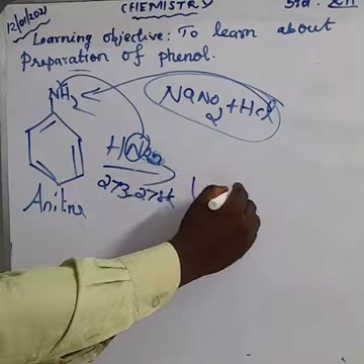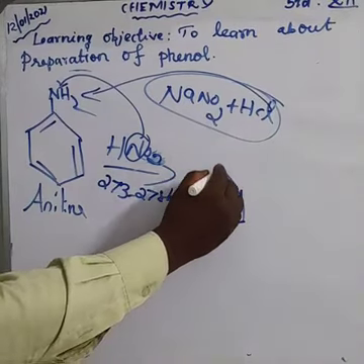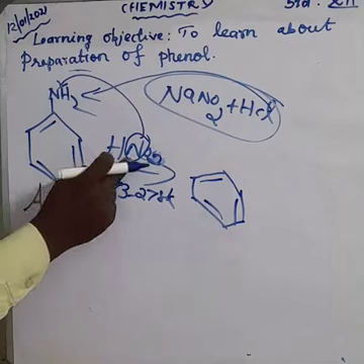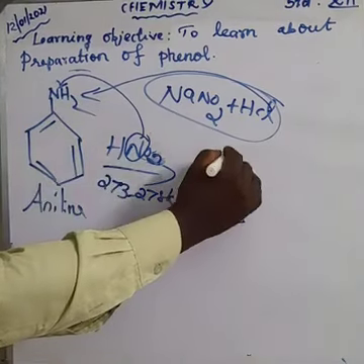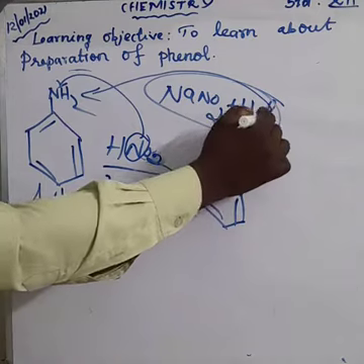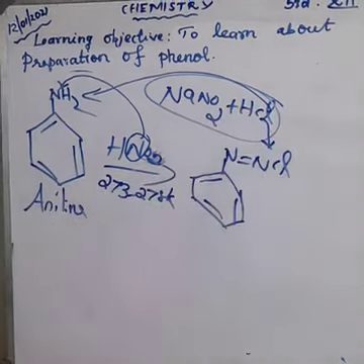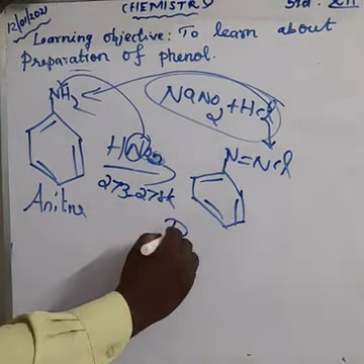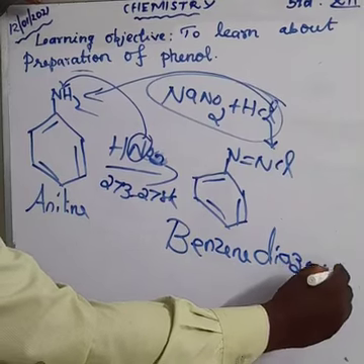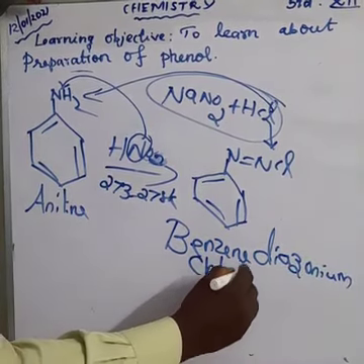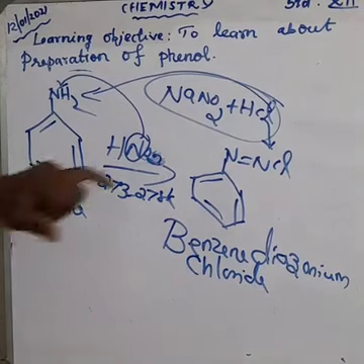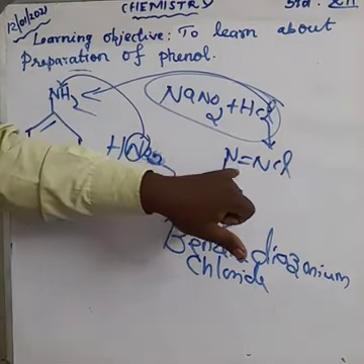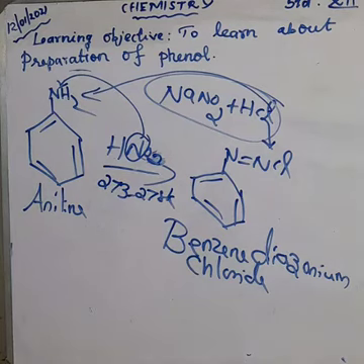So we get the benzene ring with two nitrogens, N double bond N, and chlorine attached. This is benzene diazonium chloride. Diazonium has two nitrogens, nitrogen double bond nitrogen, so we say diazonium.